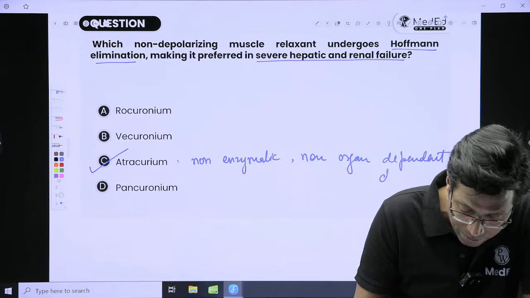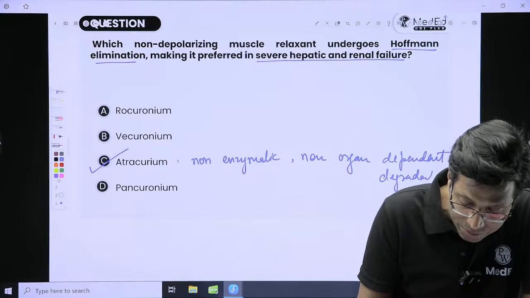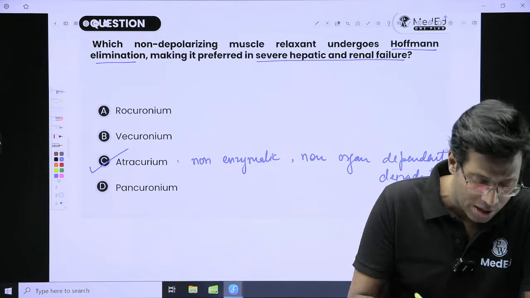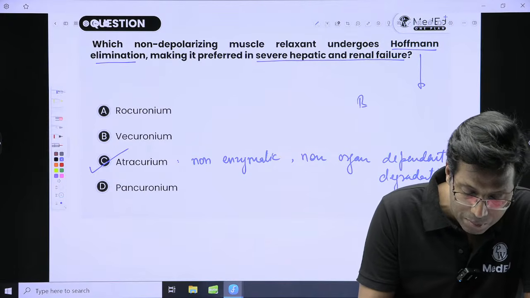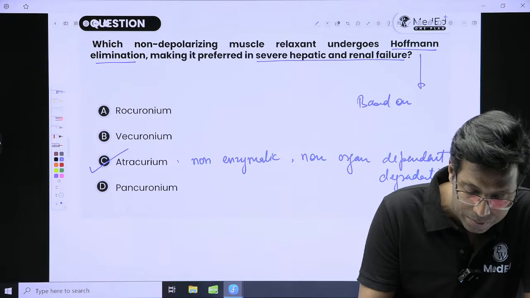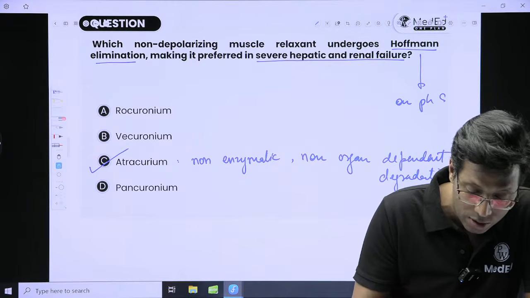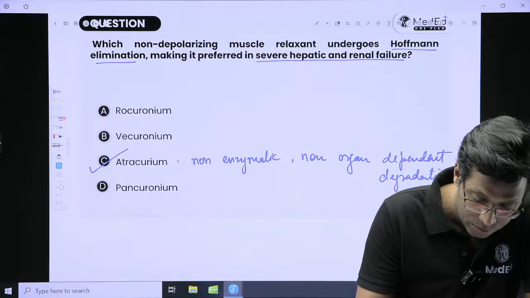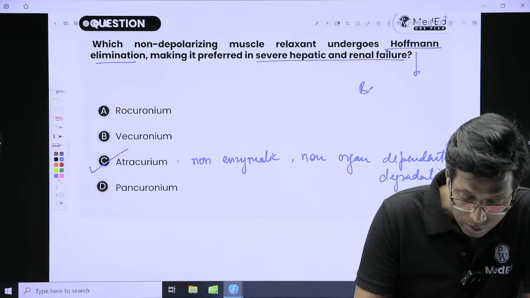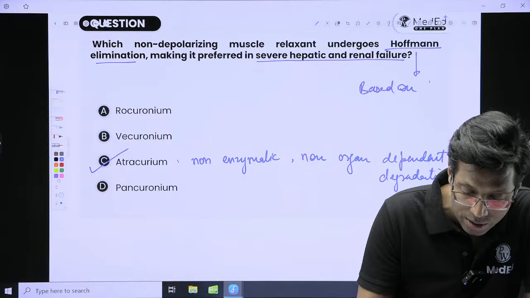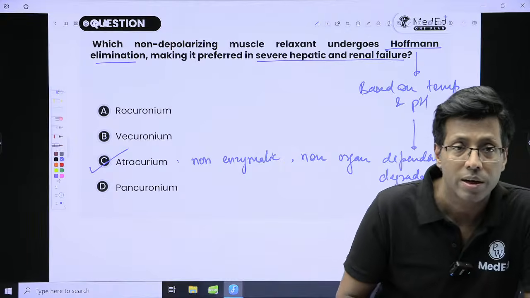It is based only on temperature and pH. So Hoffman's elimination is basically based on temperature and pH. Clear?